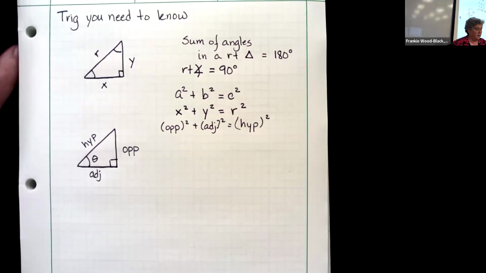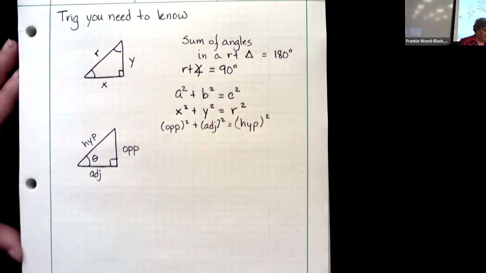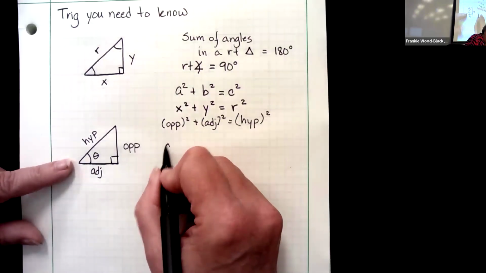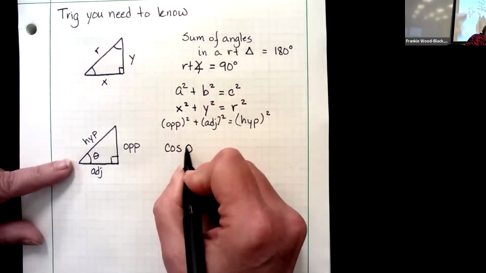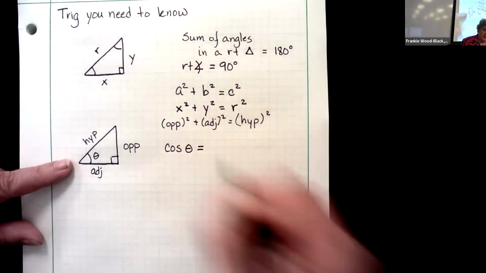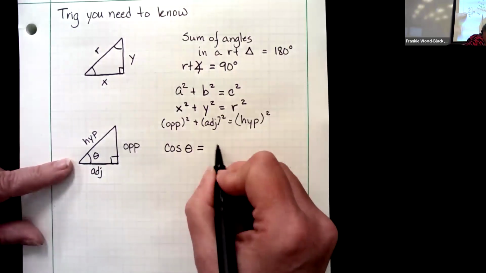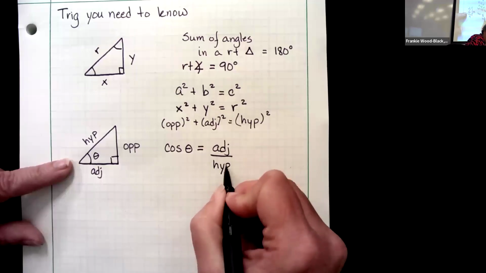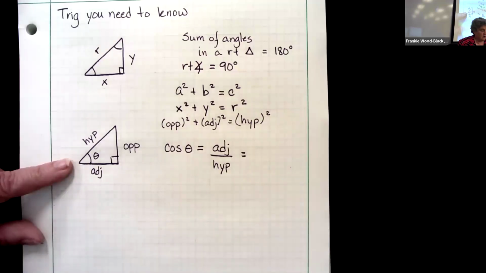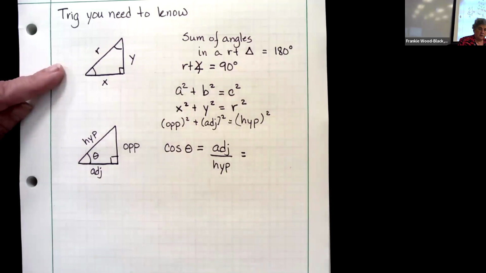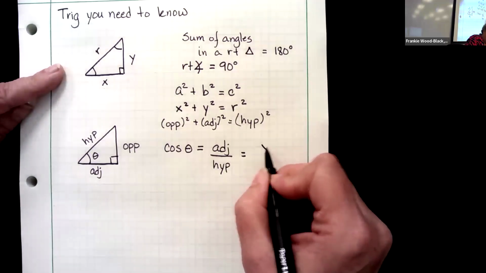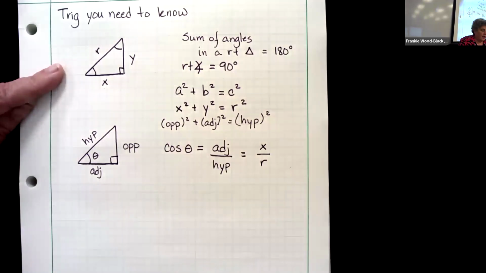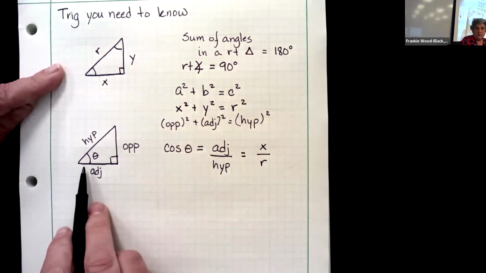So that's all well and good, and now we're going to use some ratios. If I'm looking at this angle, the cosine of that angle is going to equal the ratio of my adjacent over the hypotenuse. Or if I use my traditional diagram for my triangle, this is going to equal X over R. So I can determine this angle in degrees.